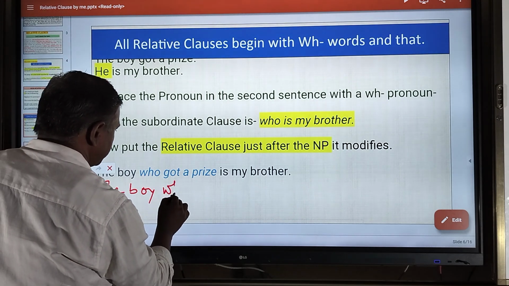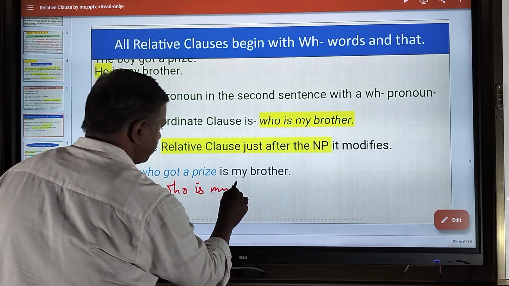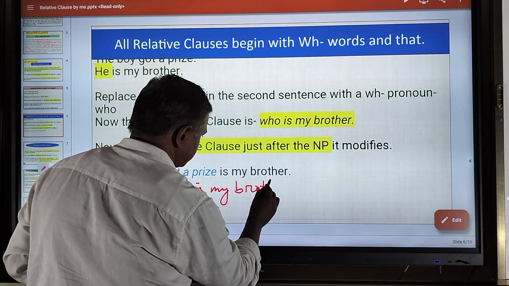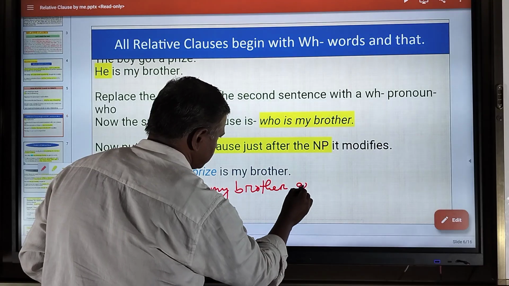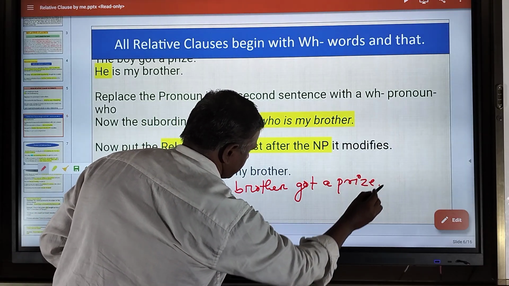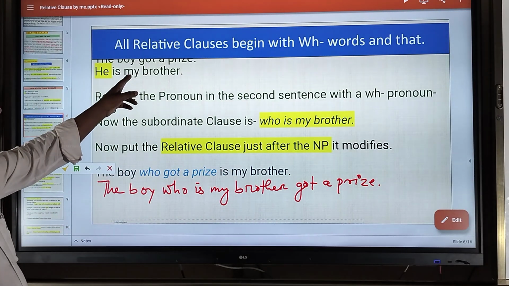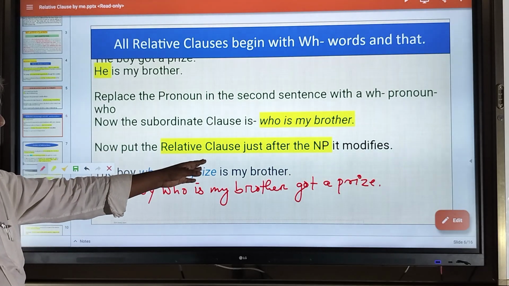The boy who is my brother got a prize. Like this, we can also join these two sentences and make a relative clause and the subordinate clause.